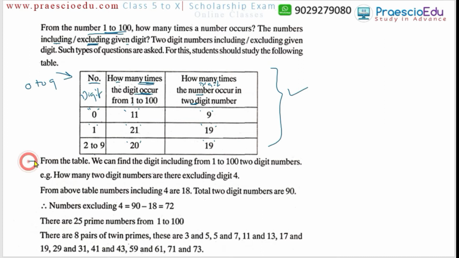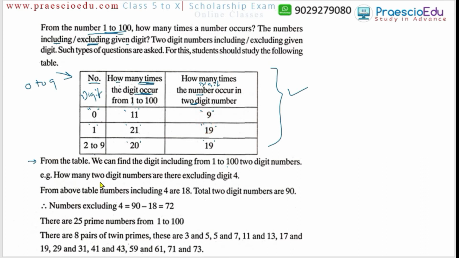Now we will see further some examples. We can find the digit including from 1 to 100 two-digit numbers. Okay, two-digit numbers means here they are mentioned about 1 to 100 only. Okay, now we already considered and we have found out this one.